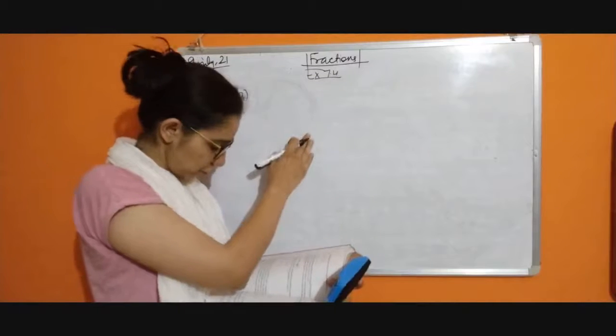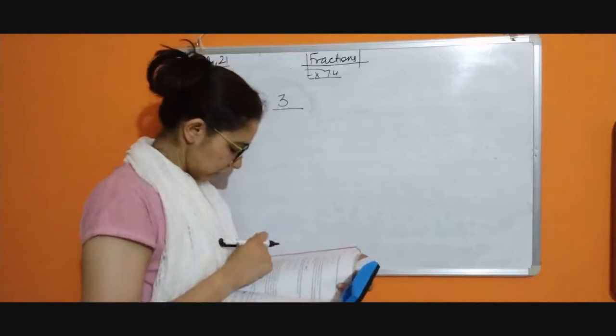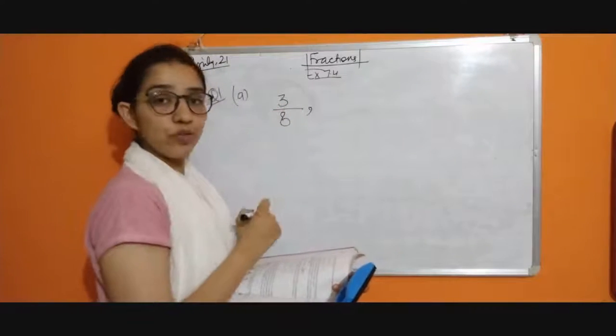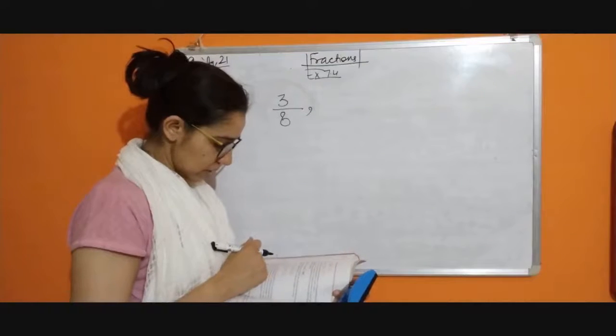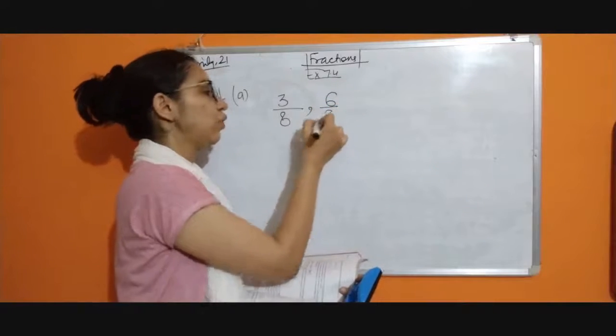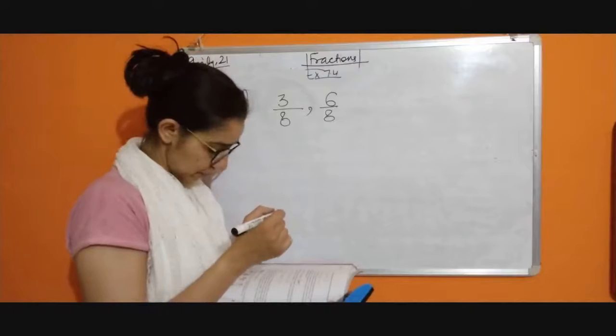The first figure: the shaded parts are 3 and total parts are 8. So the corresponding fraction is going to be 3 by 8. Next one: shaded parts are 6 and total parts are 8. So the fraction is going to be 6 by 8.